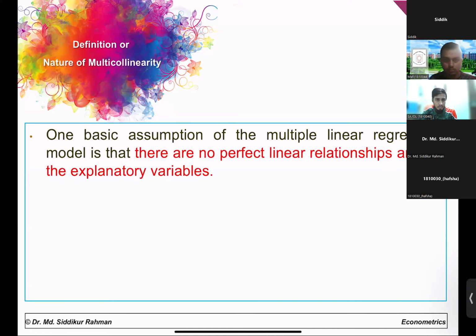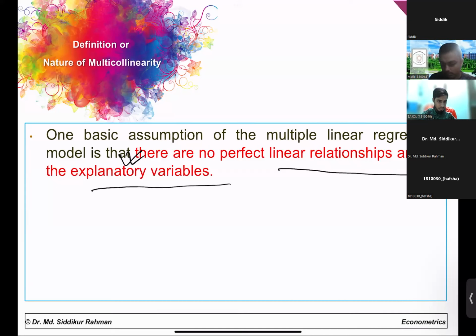One of the most important assumptions is that there is no perfect linear relationship among the explanatory variables. Keep that in mind.